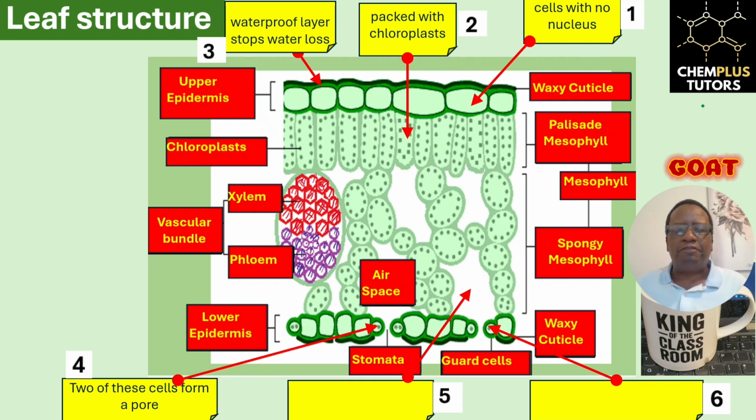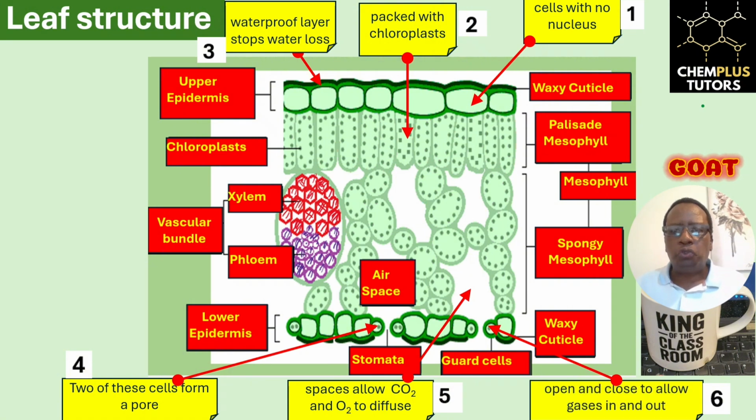And number 5 seems to be pointing again at the air spaces. What is the purpose of the air spaces? To allow carbon dioxide in and oxygen out. Guard cells allow opening and closing of the stomata.